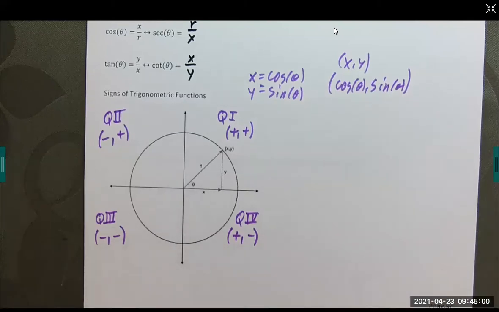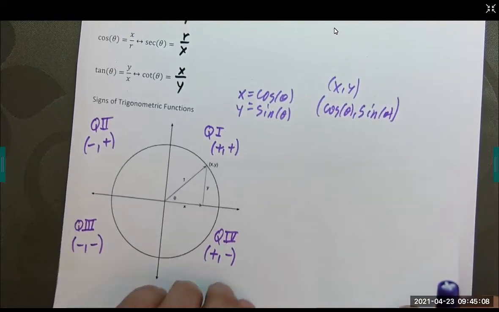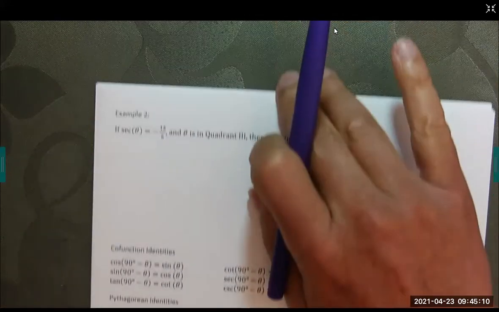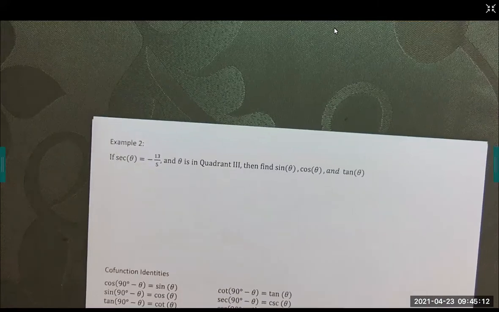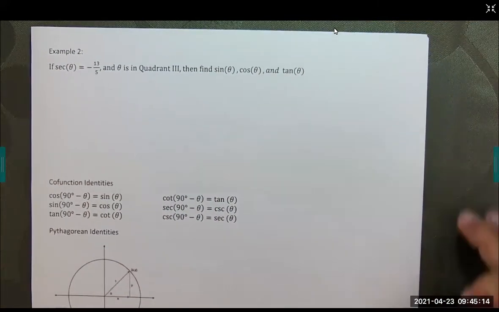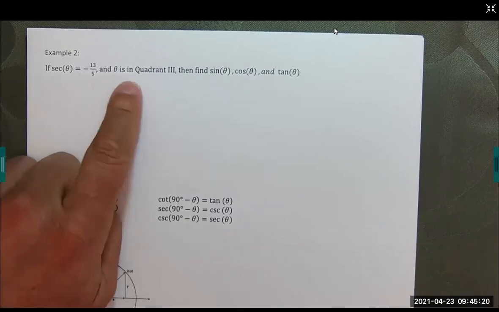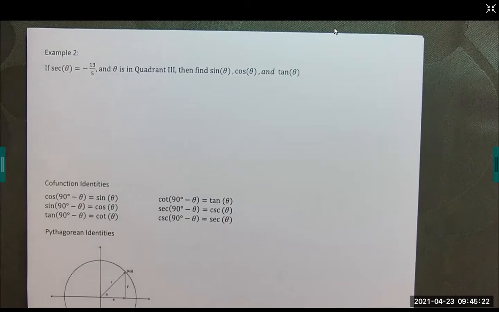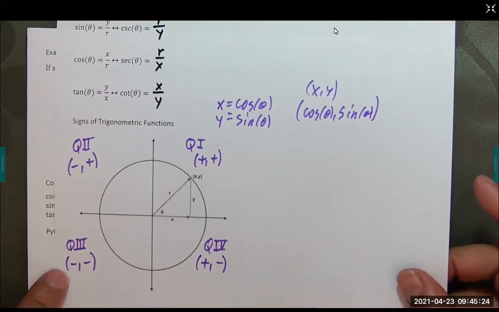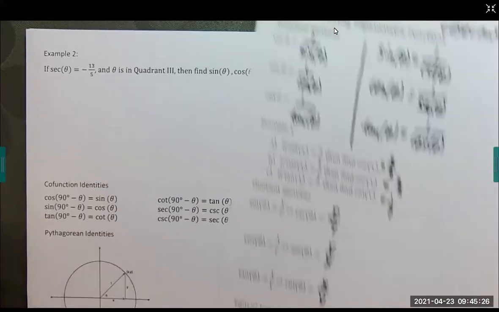And I'd like to point out that, actually, let's do some examples. If secant is negative 13 over 5 and theta is in quadrant 3, now again, in quadrant 3, both sine and cosine are negative.